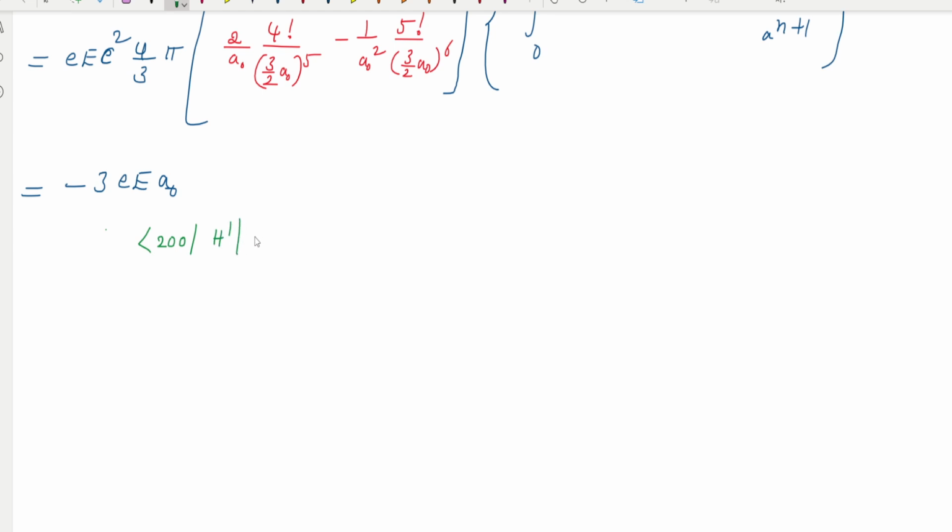H prime 210 equal to minus 3 E A naught. Similarly, in case you do this situation to change this wave function, then you will get this equation A naught.